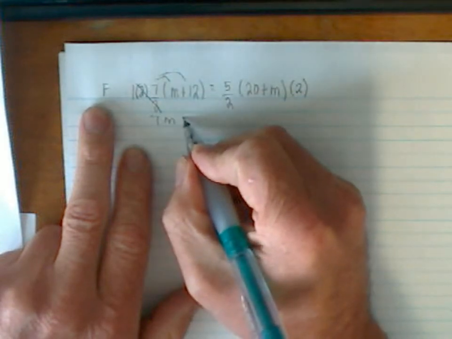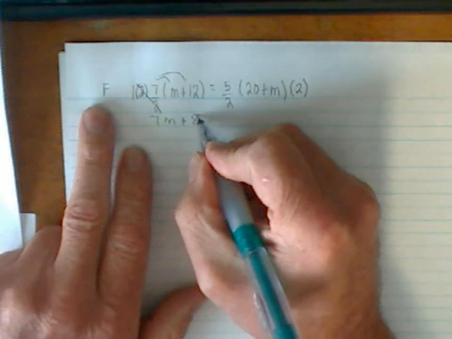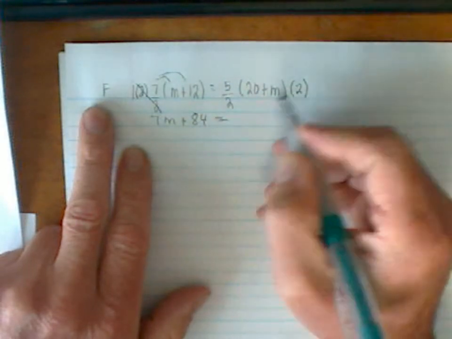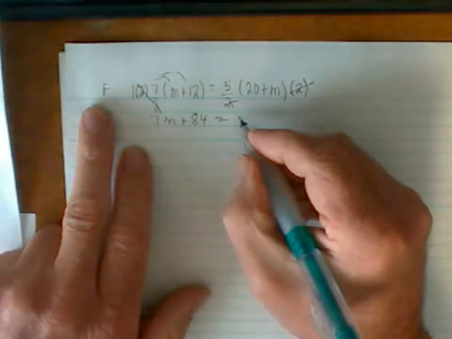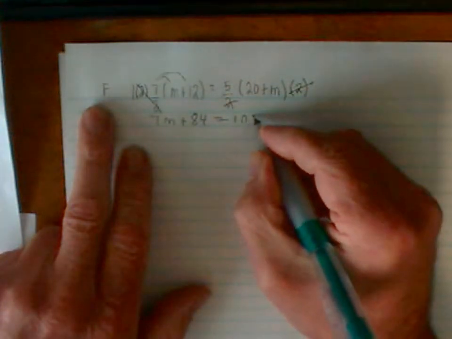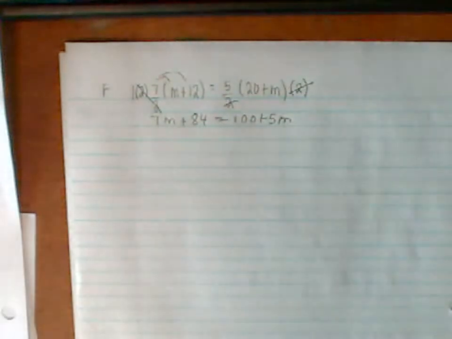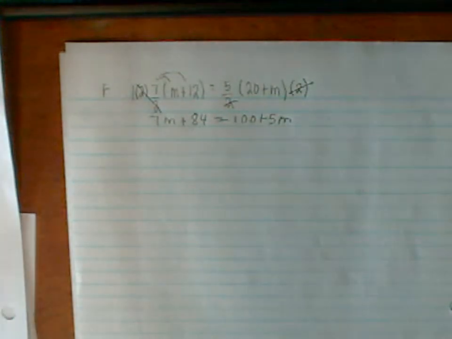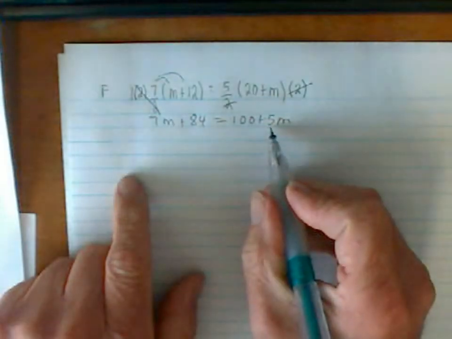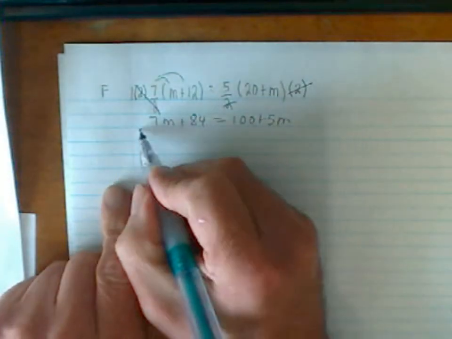7m is 84. This will be 100 plus 5m. Okay, so I'm going to move this 5 over to here by subtracting.